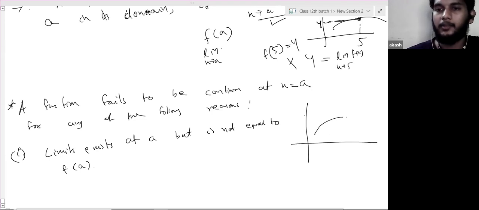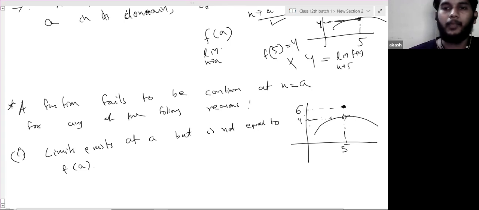if I draw a graph like this, there is an open circle here, and at this point the graph's value is this. Suppose this line is again x equals 5, this point is 4 and this point is 6.